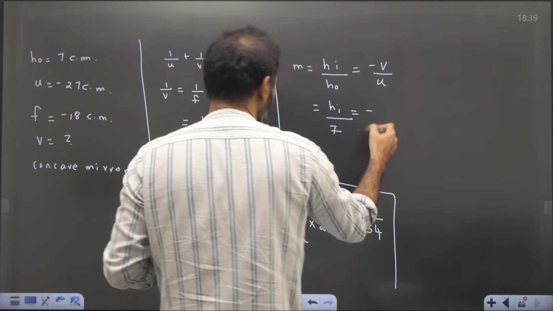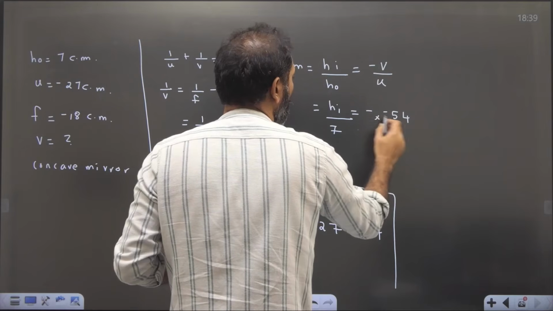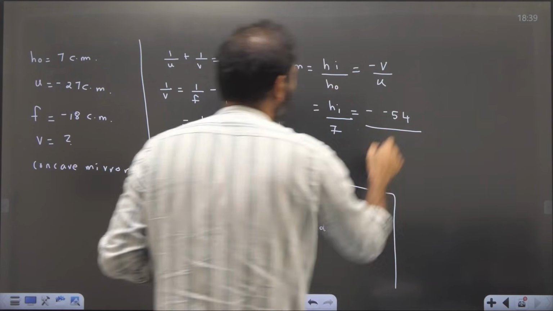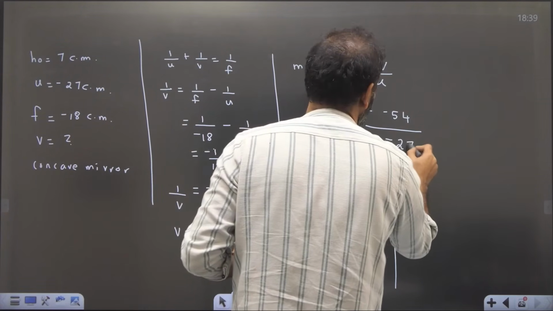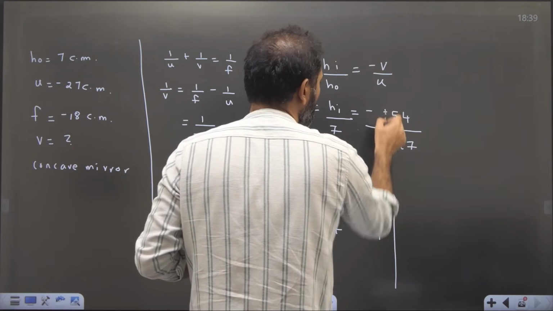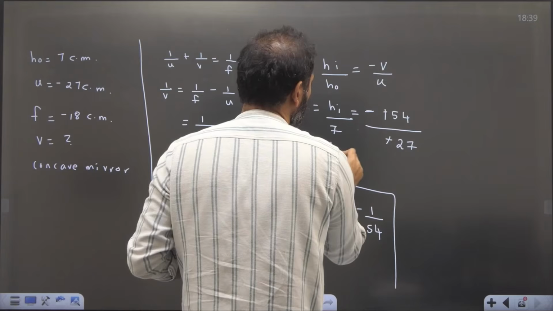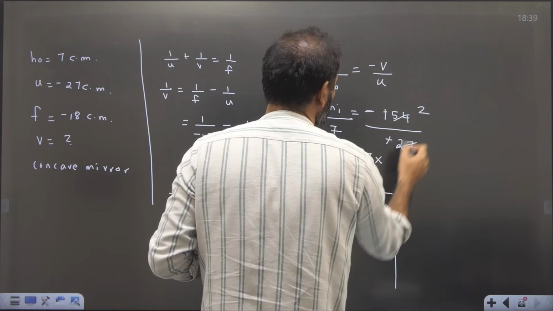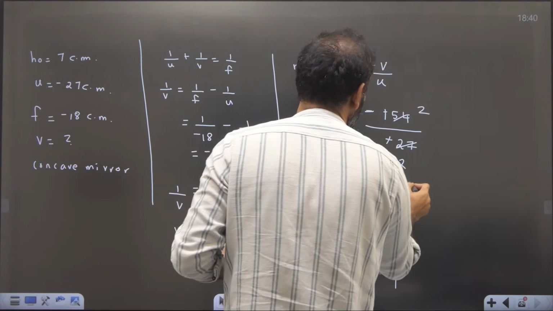Minus image distance is minus 54, divided by object distance, minus 27. So minus becomes plus, but still there is an outer minus. What is the height of the image? 7 into minus 2, so the height of the image is minus 14 centimeter.